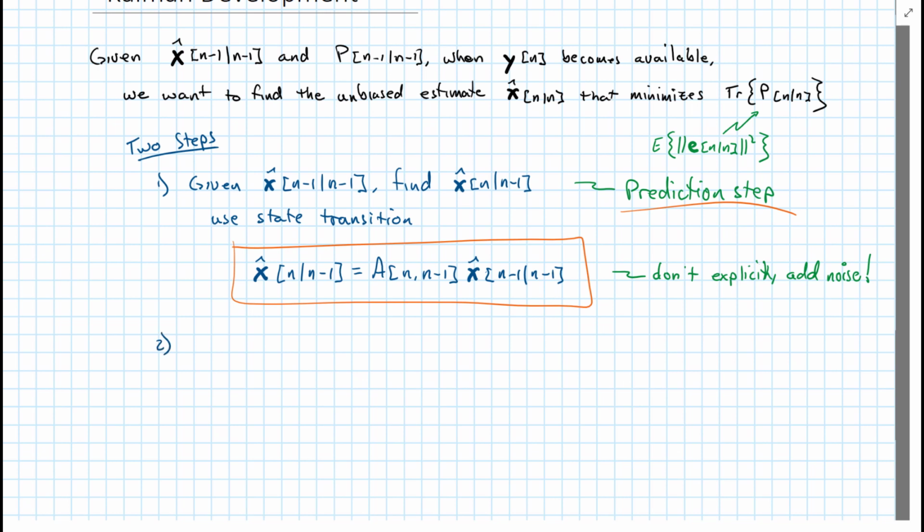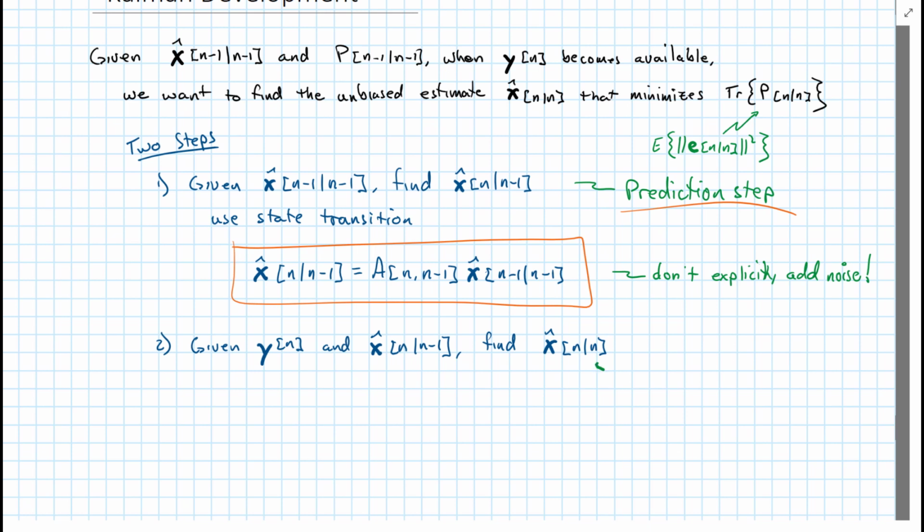The second step is going to occur once we get our observation y of n, and now that we have our updated x hat, given observations up to time n-1, we want to find an updated estimate because now we have the observations up to time n.